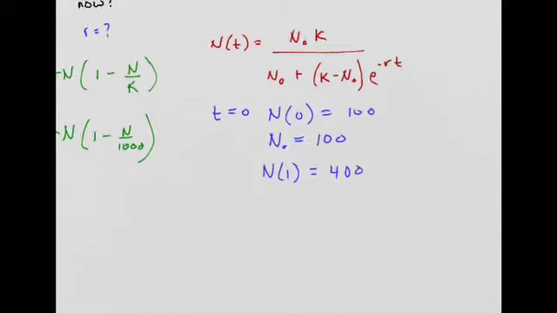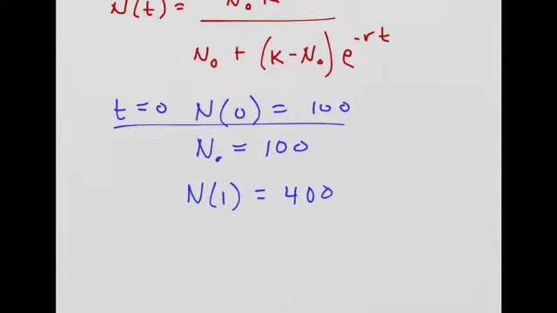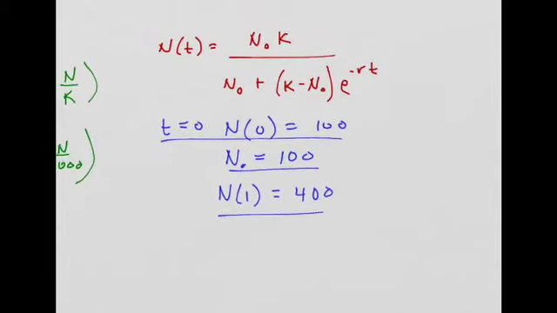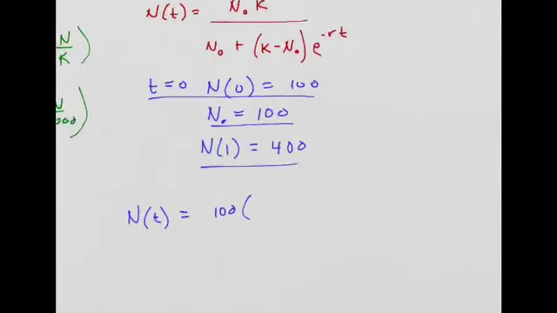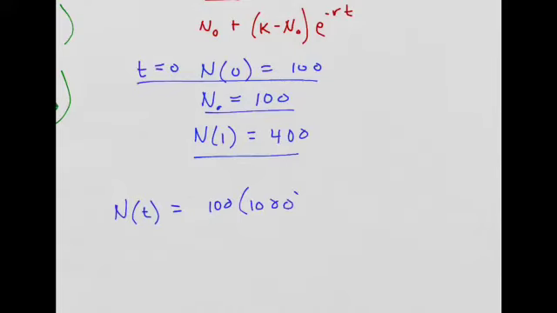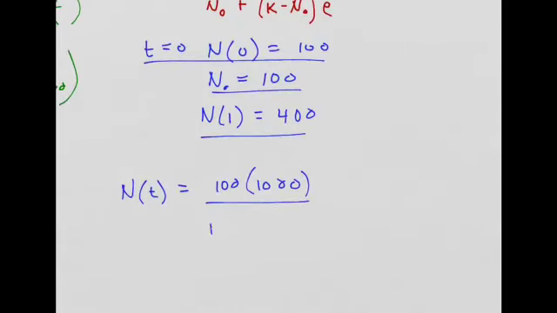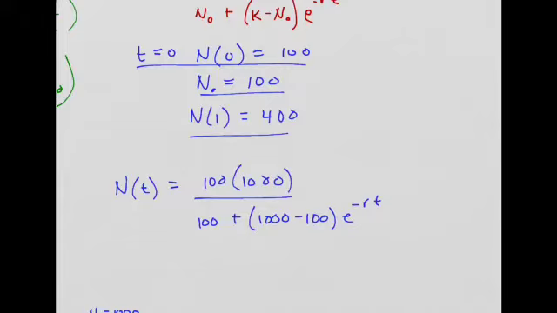So if I have this information, which gives me that, and this information, I'm going to use n sub 0, obviously. So n of t equals 100 times 1,000, because that's what k is, divided by 100 plus 1000 minus 100 times e to the negative r t.